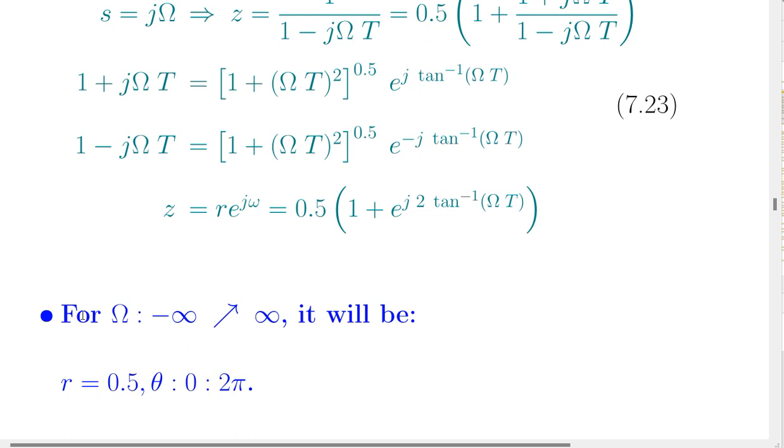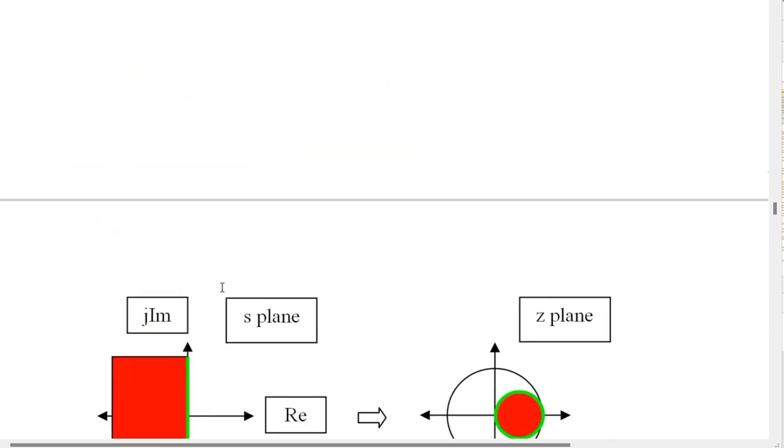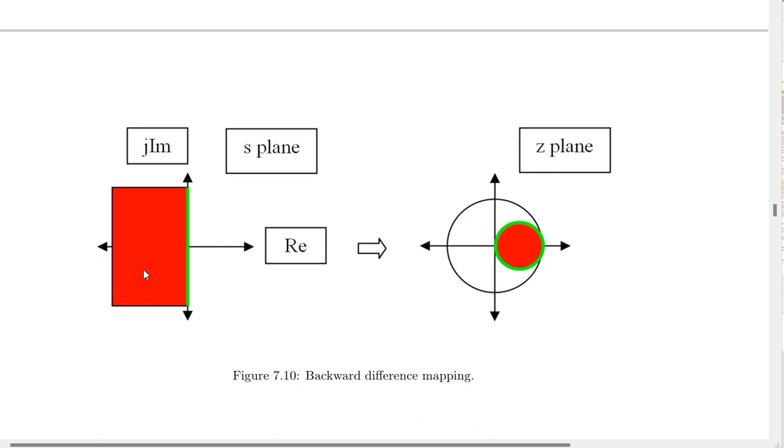Now, for omega moving from minus infinity up to plus infinity, r will be equal to 0.5, a radius of 0.5, consider it, and theta will move from 0 up to 2 pi. What does it mean? Okay, here you see the idea.